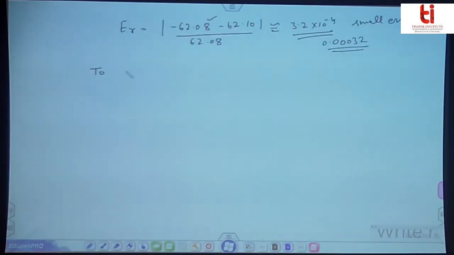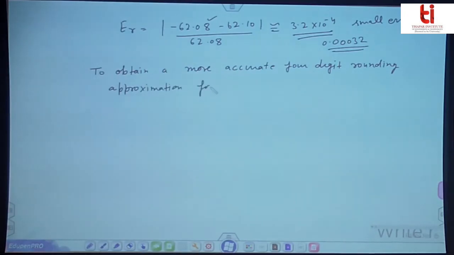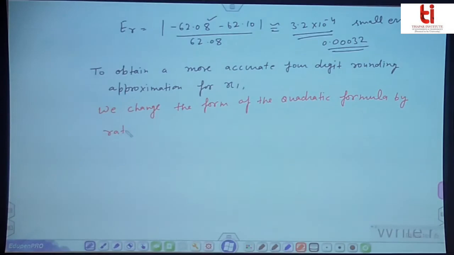So to obtain a more accurate 4-digit rounding approximation for the root x1, we change the form of the quadratic formula by rationalizing the numerator.